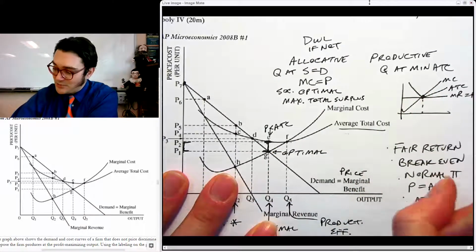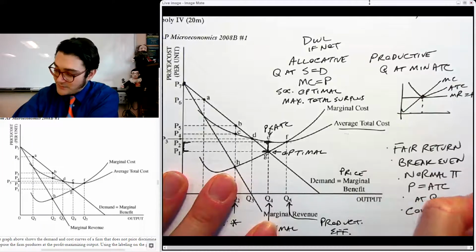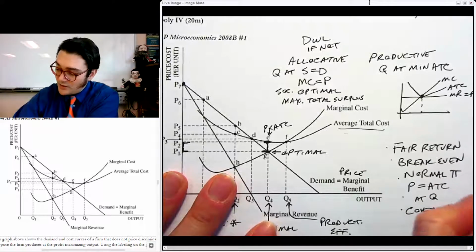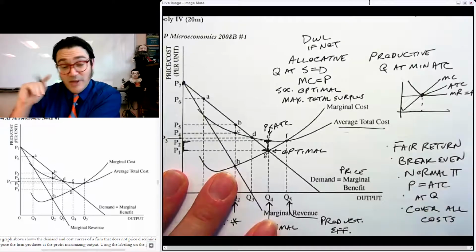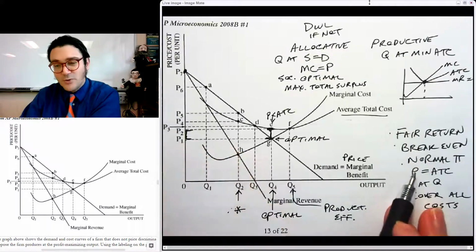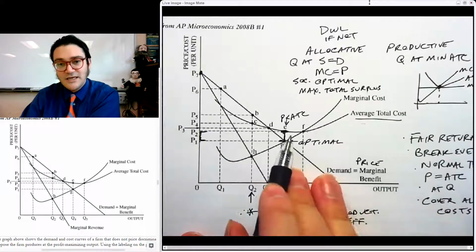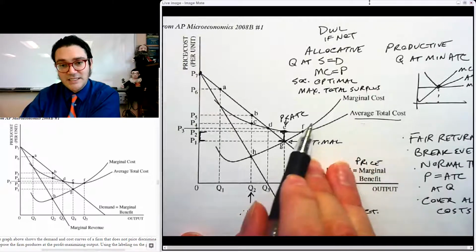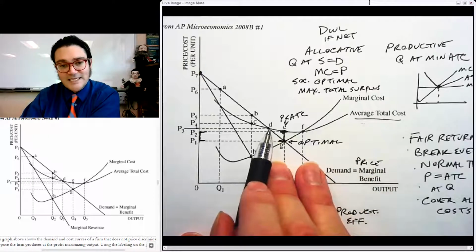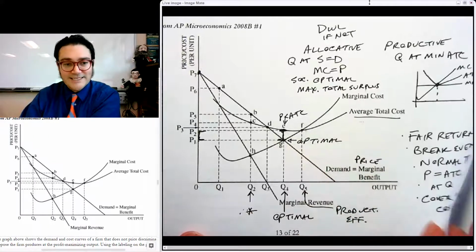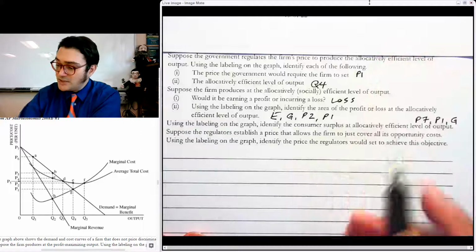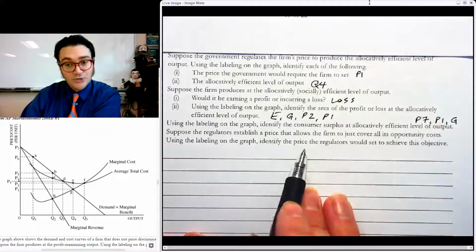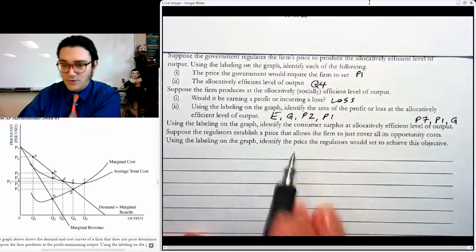And so we're going to add just one more here, cover all your costs, but not earn a penny more, right? And so that would be, where's the price equal the ATC? And so where does the demand curve, the price curve, intercept this ATC? And we can go, boop, point D. And so point D is the intercept of those. So what would be the price that they would choose to do that? Point D would be P3.